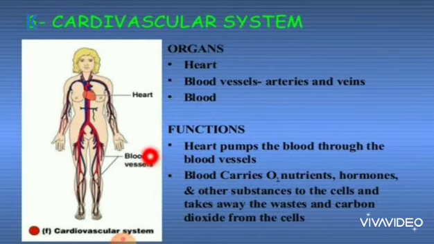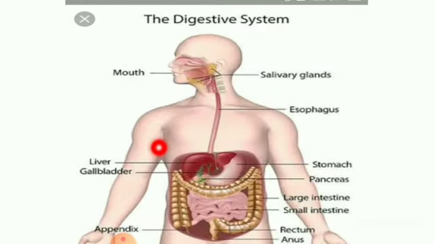The function of the cardiovascular system: the heart pumps the blood through blood vessels. Blood carries O2, nutrients, hormones and other substances to the cells and takes away the waste and carbon dioxide from the cells.